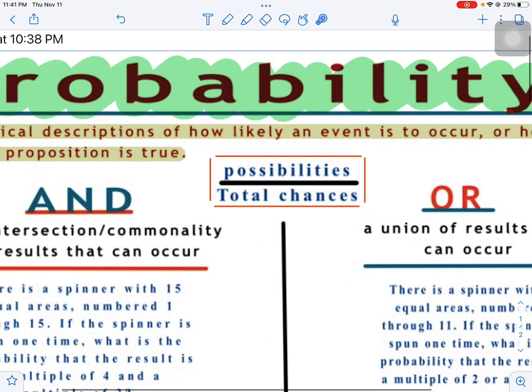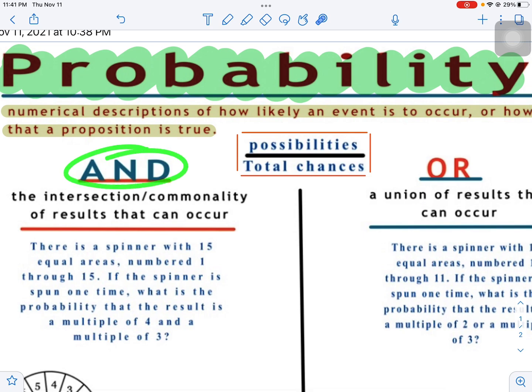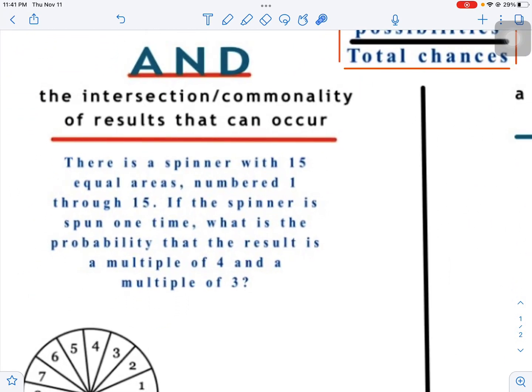So what we're going to focus on today is two things. We're going to focus on "and" and we're going to focus on "or". So let us look at "and" first, okay? So when we see the word "and", we think of two separate things, correct? This or that. I know I sound like a hip hop song.